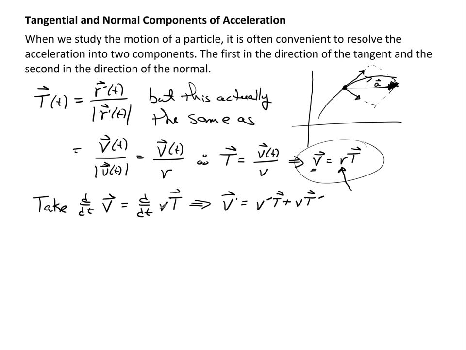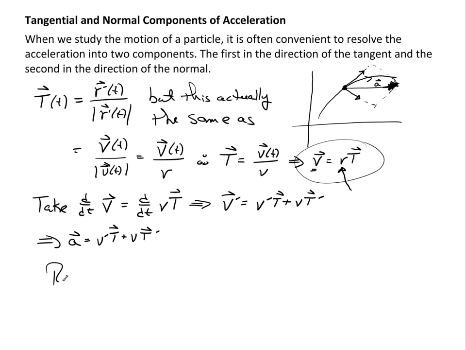It's just a product rule because both of these are functions of t, vector and non-vector, but still functions of t. But remember, the first derivative of velocity is acceleration, so that gives me that the acceleration vector is equal to v prime T plus v T prime.